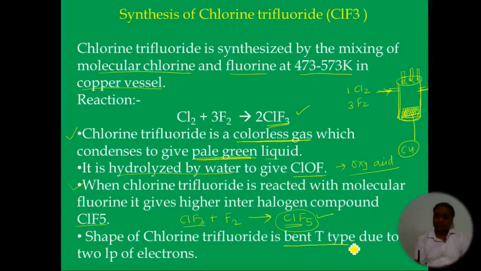All these shapes we are going to see in upcoming slides: how to predict the geometry, how to predict the shape of a molecule. Remember, the shape of chlorine trifluoride is bent T-type.